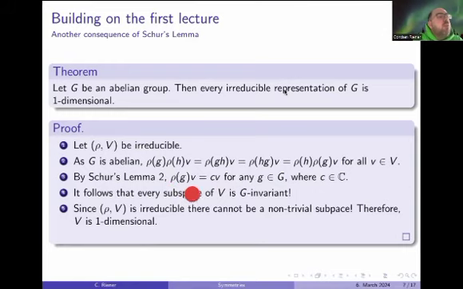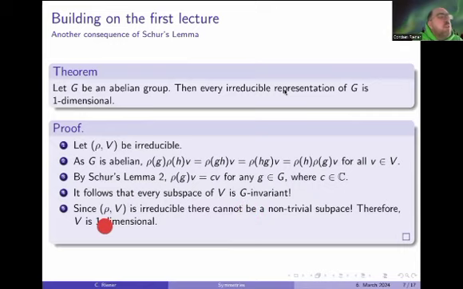So it will be of the form C times an identity matrix, for some complex number C. So if I apply this matrix to any vector V, I get C times V, for any G. So what one sees from here is that every subspace of V also will be G invariant, so it will be closed under G. So it will be a G module in its own right.